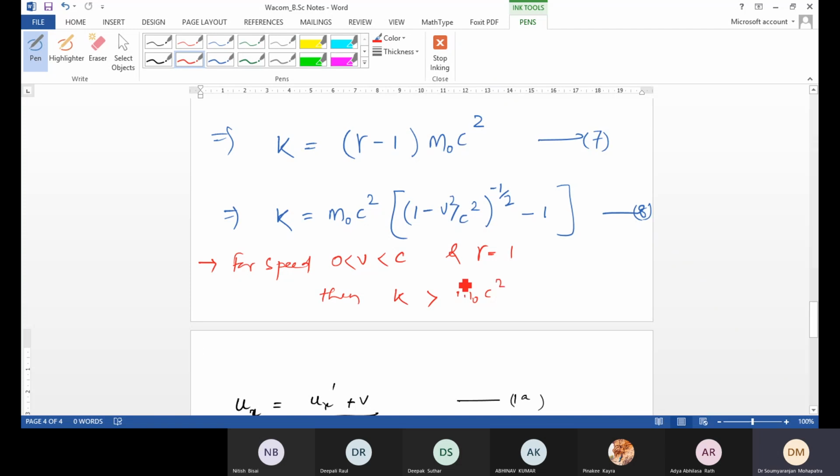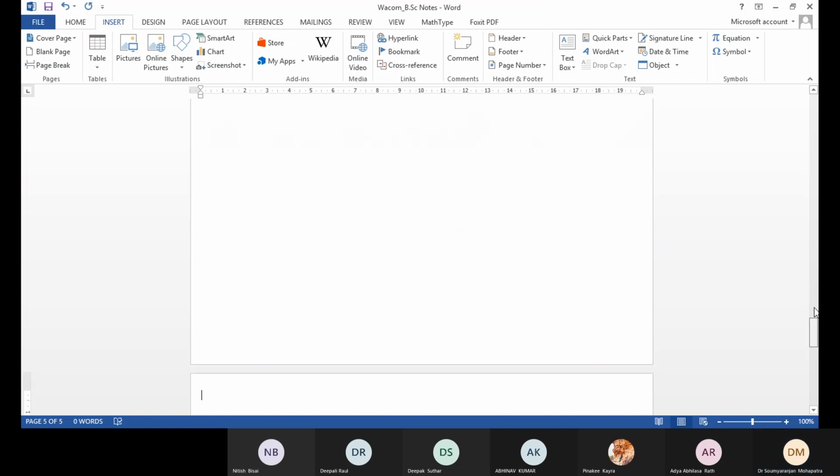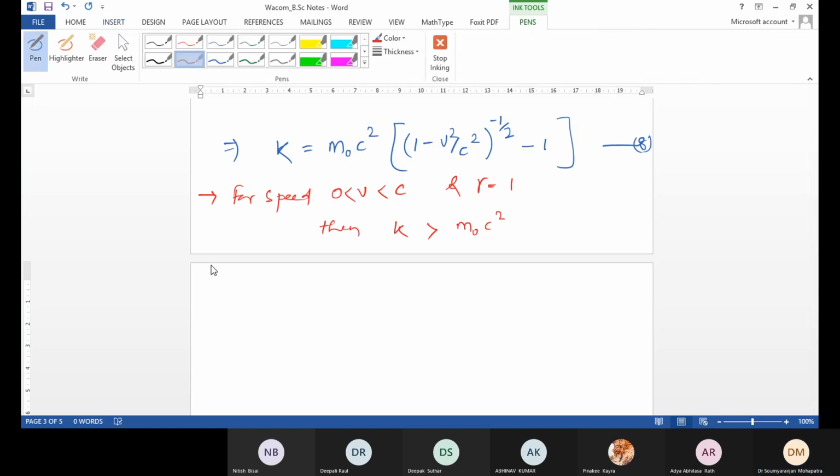For a particle at rest, if I take any particle that is at rest, that means your m is equal to m naught and K is equal to 0.